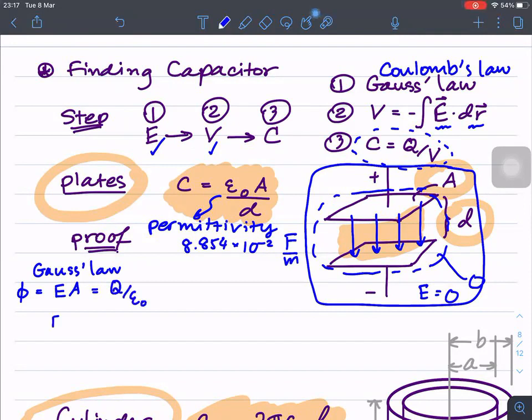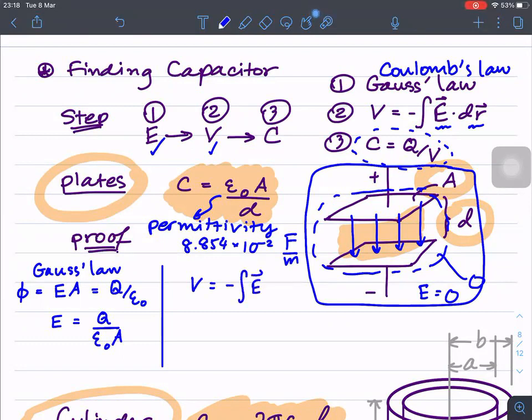So now the electric field would look something like Q over epsilon zero A. And then from Gauss's law, we should be able to find the potential difference from this equation.